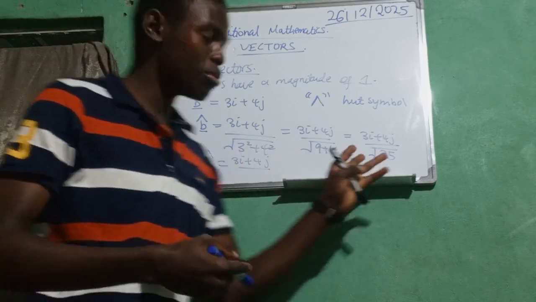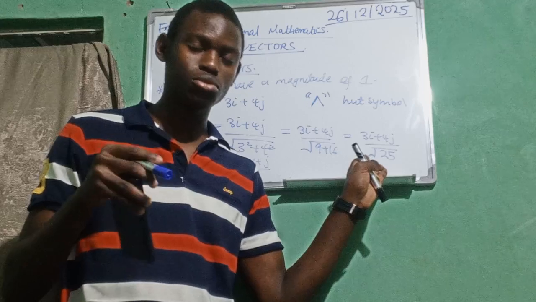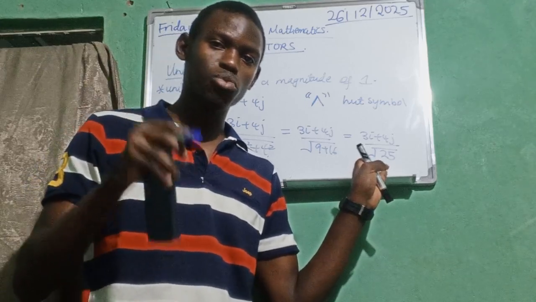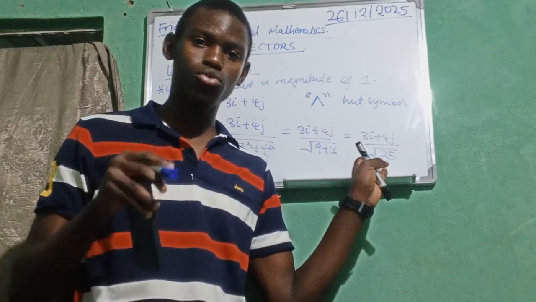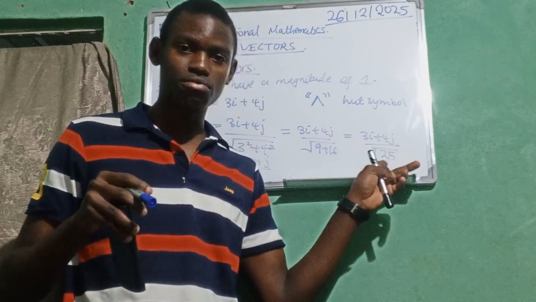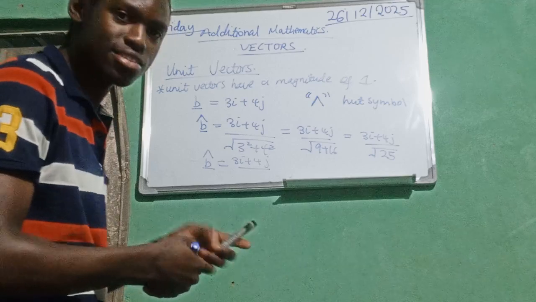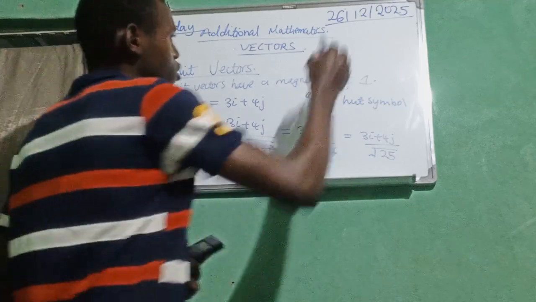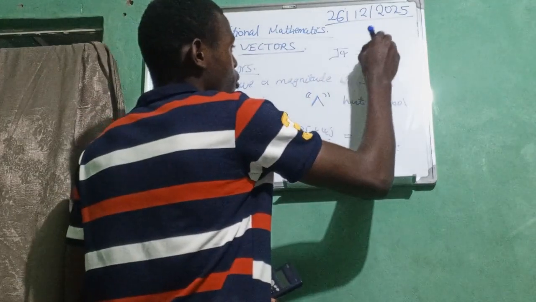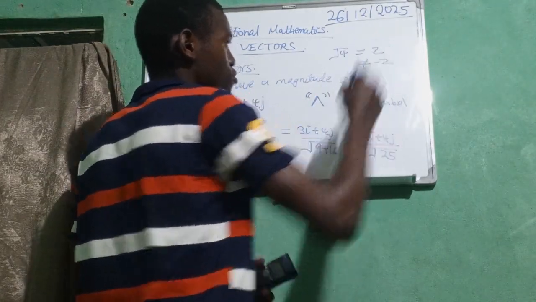When we say square root of 25, we are talking about the principal root. Principal root means we only consider the positive root. When you are taking a square root and you are not solving an equation, the square root of 4 is equal to positive 2, not negative 2.